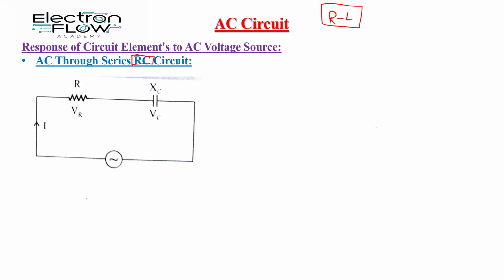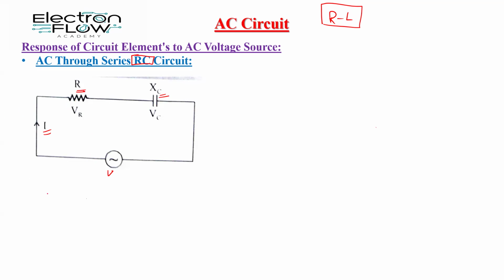Here, consider a circuit having a resistance R and the capacitive reactance XC in series across the AC voltage source. This is our AC voltage source, voltage V, and let the resulting current be capital I. So this is the condition we have considered here.